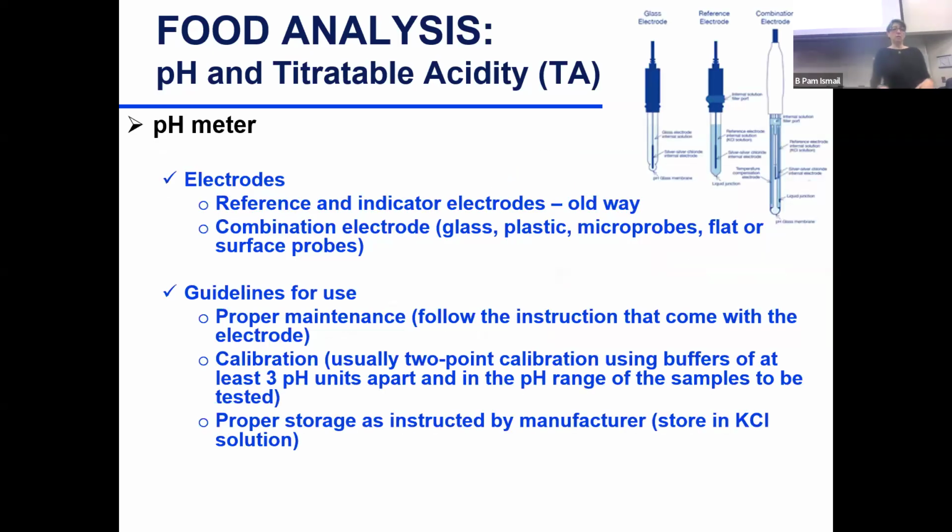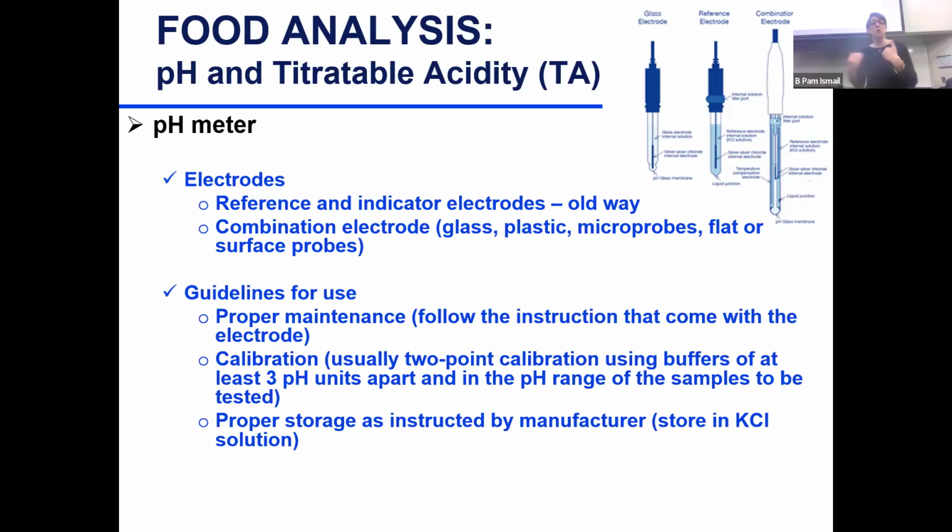So the old way is when you have them separate. Usually newer electrodes have both of them. And we just need to take good care of them and make sure they don't dry out. They're always placed in a reference solution. So it's really important to take care of your pH meter.